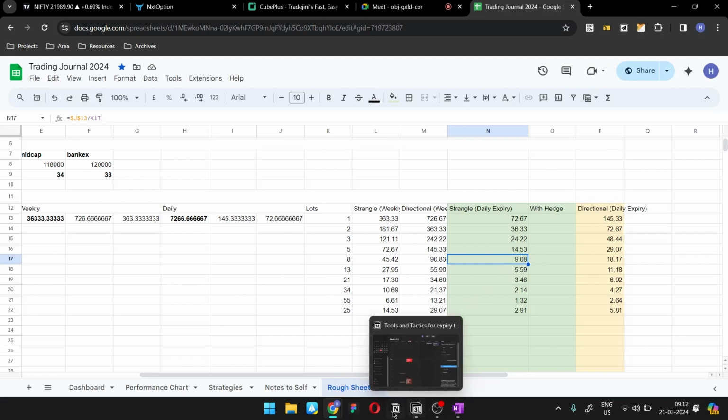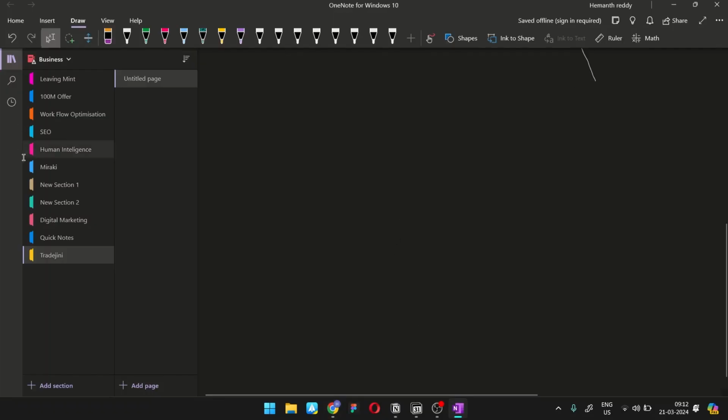So the first step is I will be creating a strangle in the market, and this will be a naked strangle. So this will be around 4 to 6 strikes away, around 3.2 rupees each side.